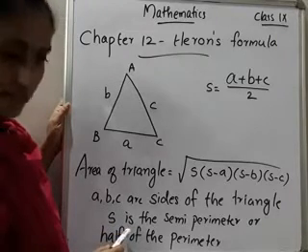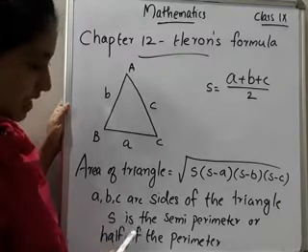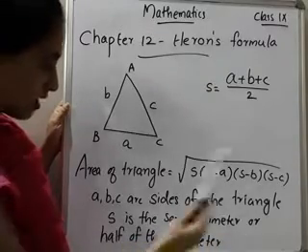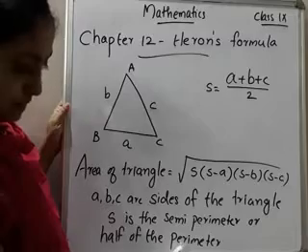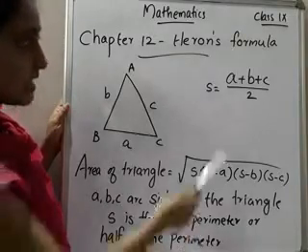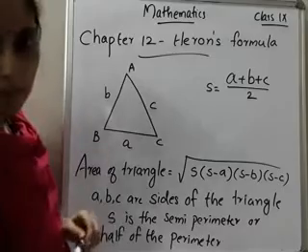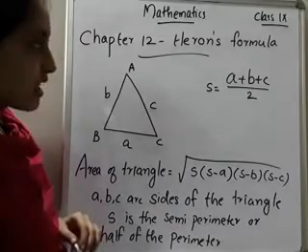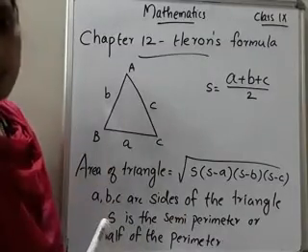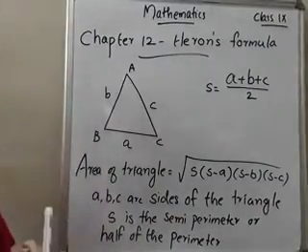S is the small letter S, the semi-perimeter or half of the perimeter. That is, S is equal to A plus B plus C by 2, adding all the sides by 2. Hope you are clear up to this.